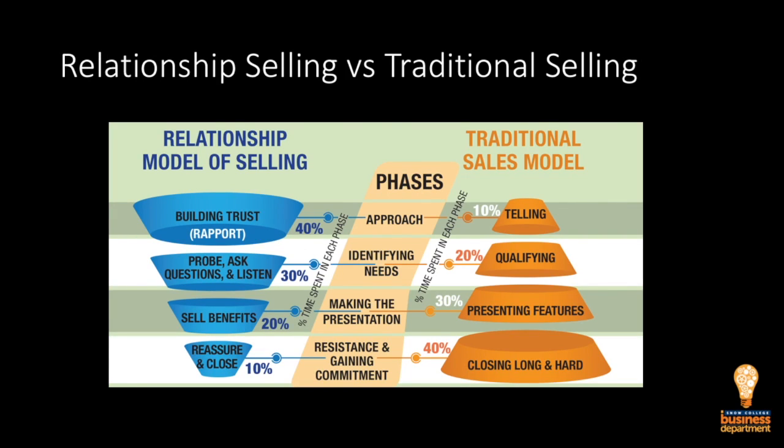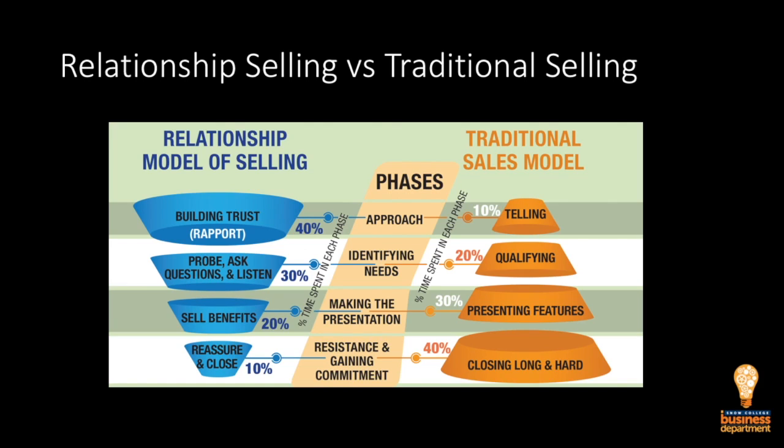So just to recap, in the relationship model of selling, you're spending a lot more time building trust and rapport and probing and asking questions at the beginning so that at the end, closing the sale becomes really easy because you focus on those things that they really need. In the traditional model, you come in, you just start going through your pitch, and then at the end, that's where some of these things start coming up.